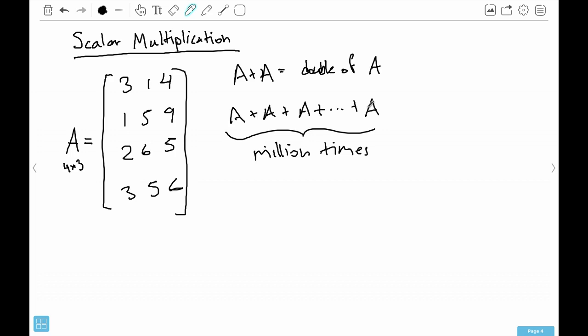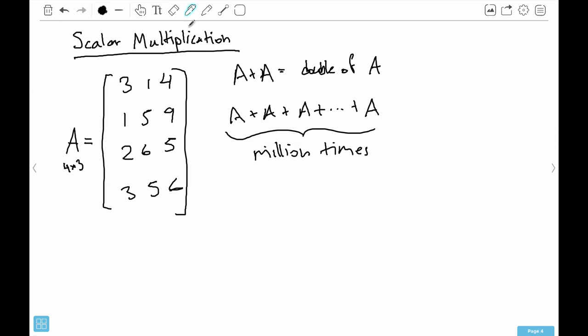And that's really tedious, and that's completely unnecessary. It's a lot of work. But instead of adding 100 copies of A together, why don't we just take each element of A and multiply it individually by 100? And that's exactly what scalar multiplication is.